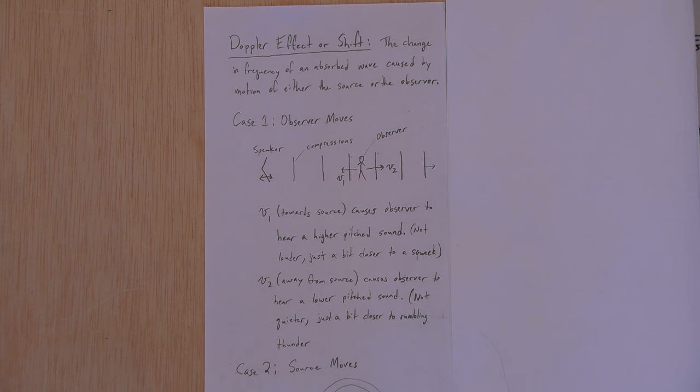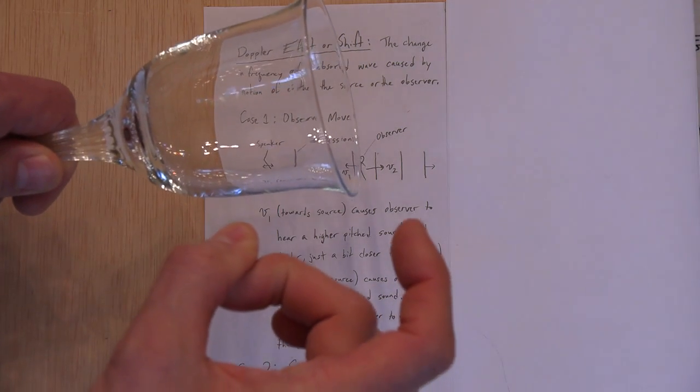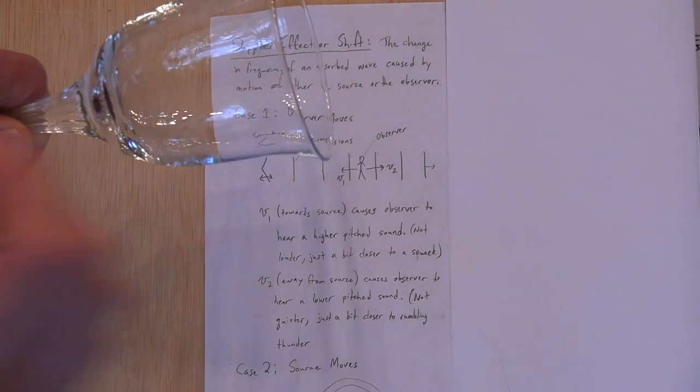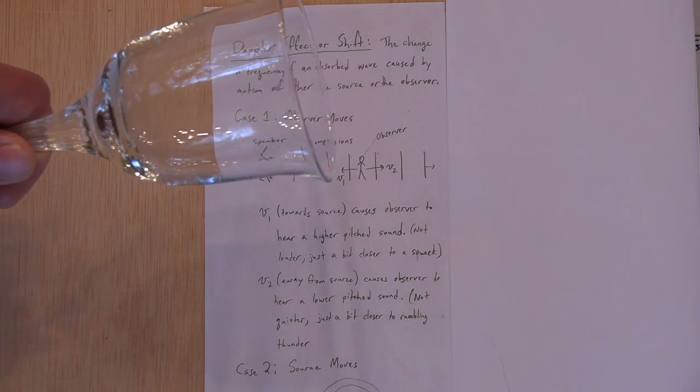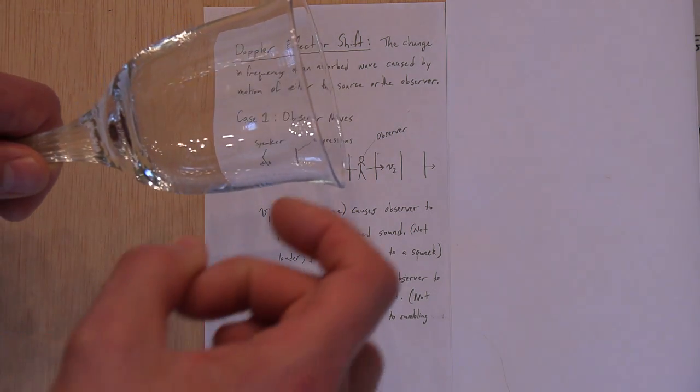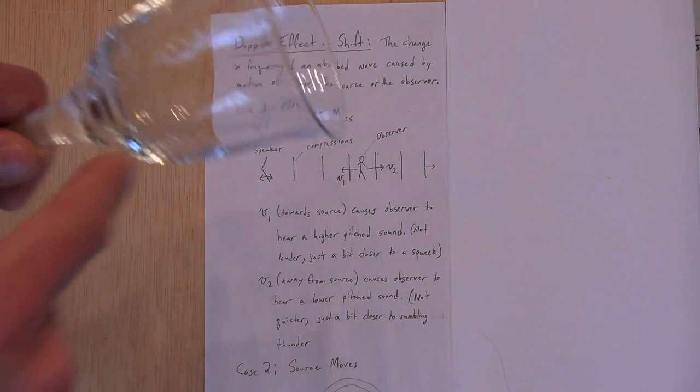Before we do that, I want to just remind you what a higher pitch is. A higher pitch is not a louder sound. It's a sound that's more toward the squeaky range. Like if I take this glass and I flick it, I can't sing that note, right? That's really high and squeaky. Maybe an opera singer can. But that's what we mean by a higher pitched sound, a sound that turns more like this.